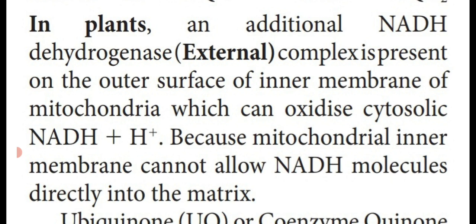So the outer surface of the inner membrane of mitochondria has the coenzyme NADH2, which is oxidized. Why does it take place on the outer surface of the inner membrane? The mitochondrial inner membrane does not allow NADH2 molecules to directly enter into the matrix.